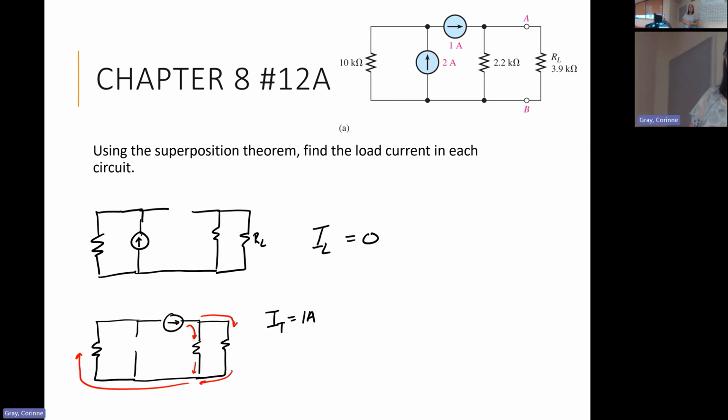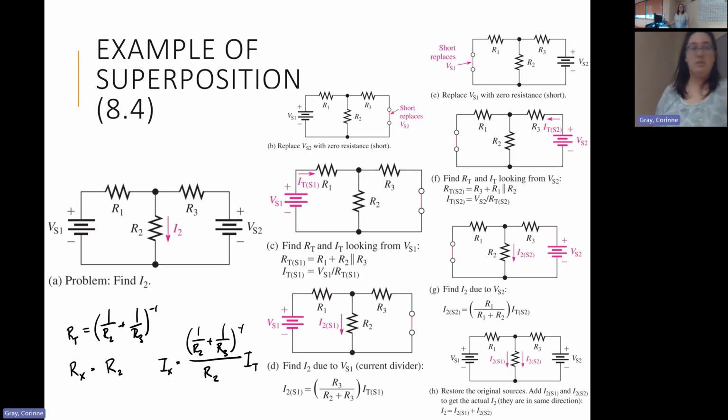That means we can just go straight through and use our current divider equation. So if we recall for that equation, we have IX is equal to RT over RX times IT. We'll come back to this in a second. If you look at all the examples in the textbook, it is always going to start with something that looks like this.